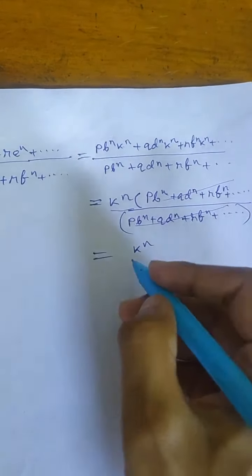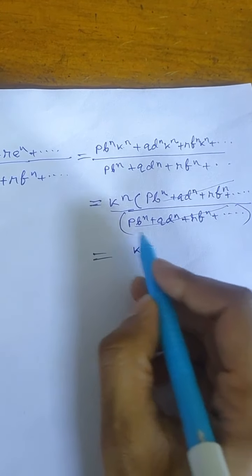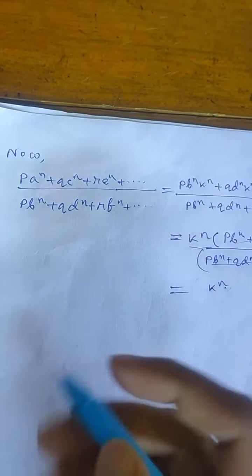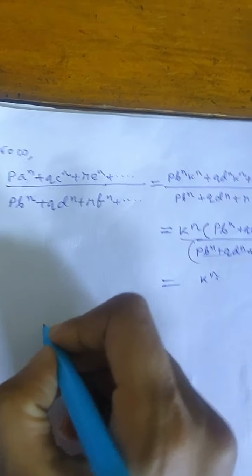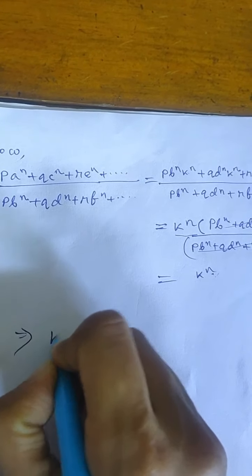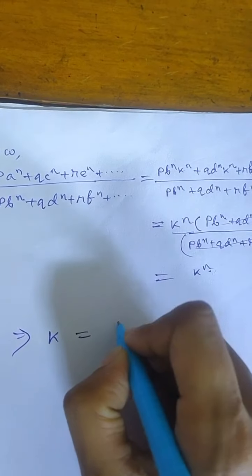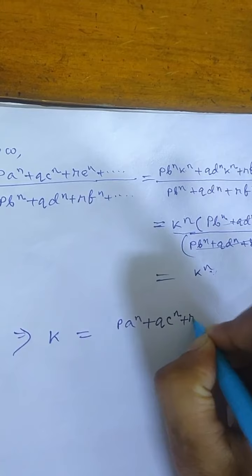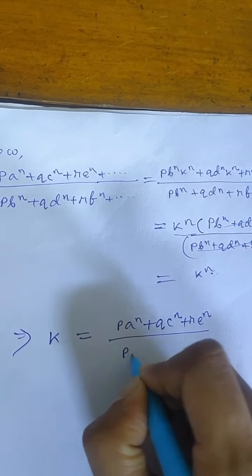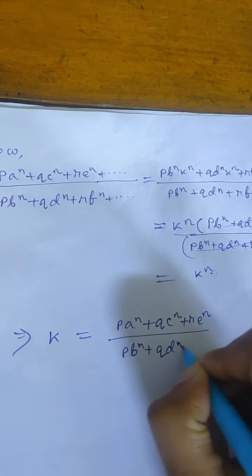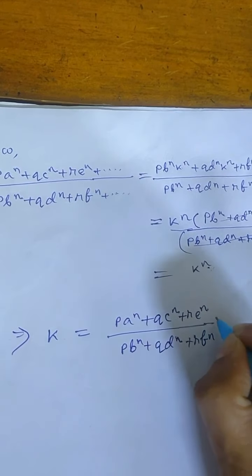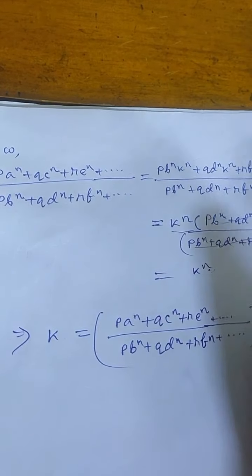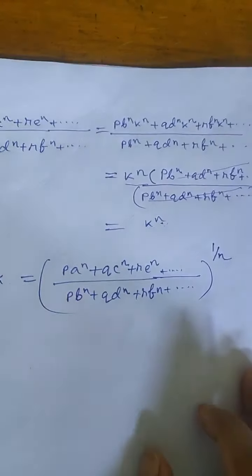Now if we take this power to the left side, it will be what? It implies k equals p a to the power n plus q c to the power n plus r e to the power n, and so on. It will be like this, is it not?